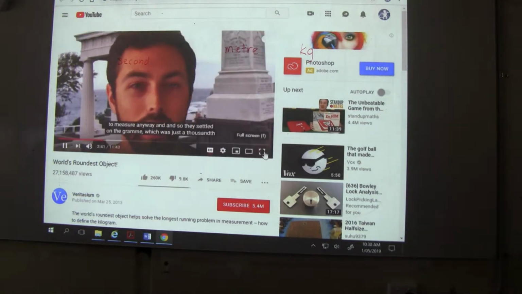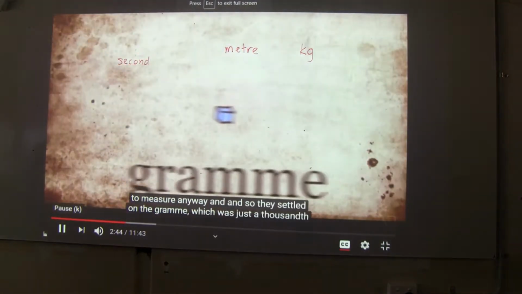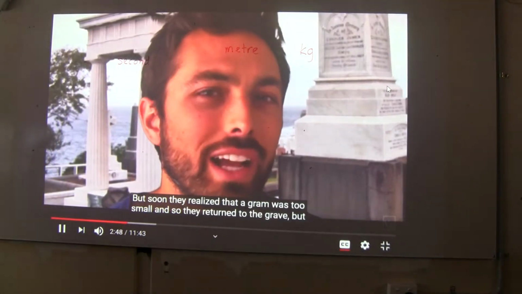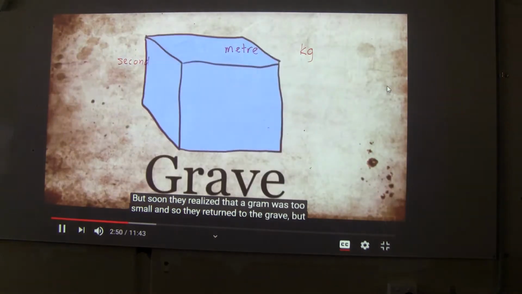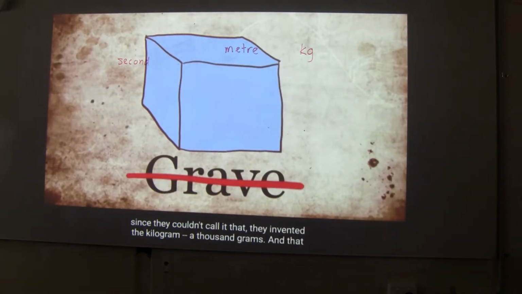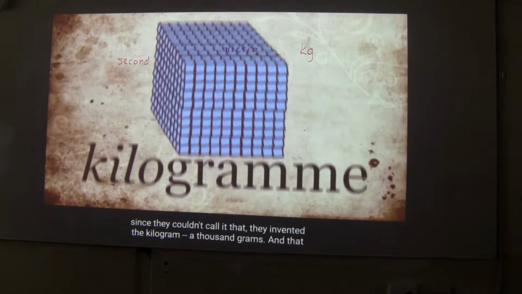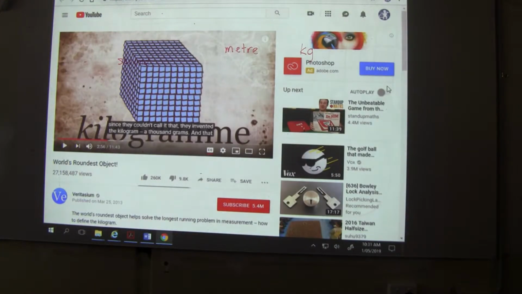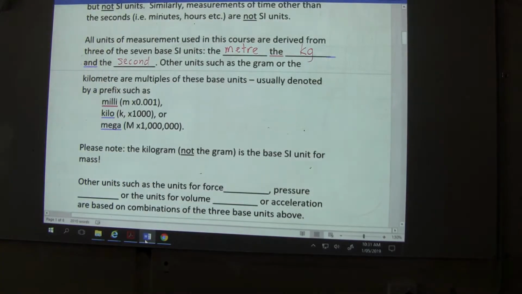They wanted to measure anyway, and so they settled on a gram, which was just 1,000th of a grav. But soon they realized that a gram was too small, and so they returned to the grav. But since they couldn't call it that, they invented the kilogram, 1,000 gram. Now, this really irritates me. If I rule the world, I'm going to change it to the grav, right?